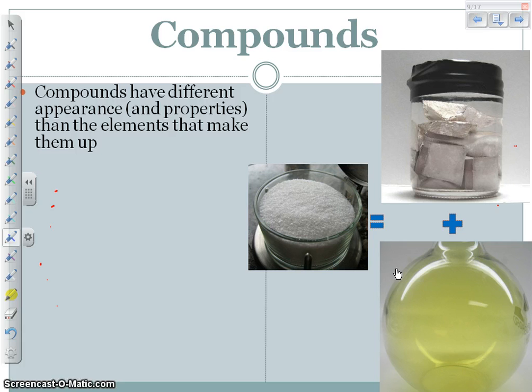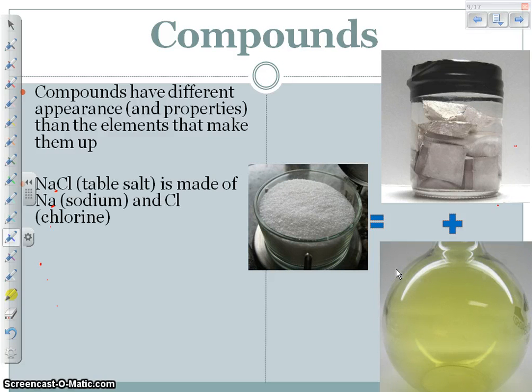Compounds happen to have a different appearance and different properties than the individual elements that make them up. For example, NaCl is table salt. Table salt is made up of sodium, which is a metal that reacts with water and kind of ignites when it reacts with water, and chlorine, which is a poisonous gas.